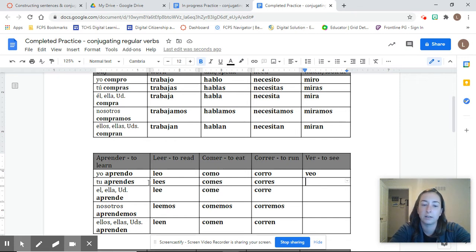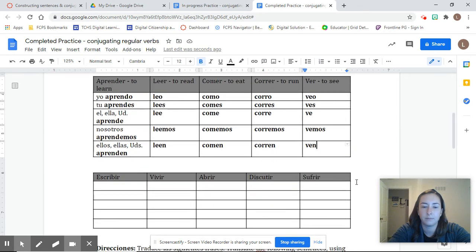So this one's not going to look like leer because you do take the whole ER off and you're just left with a V. But in the yo form, you keep that E on there. So tú ves, usted ve, nosotros vemos, ellos, ustedes ven. Okay, so the rest of them follow the normal pattern. The yo form, you just leave the E.